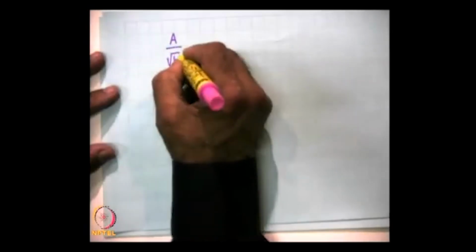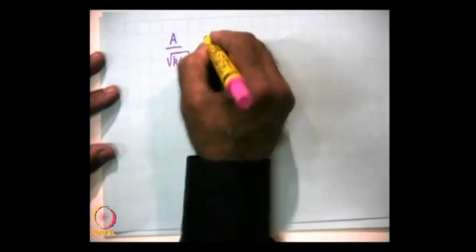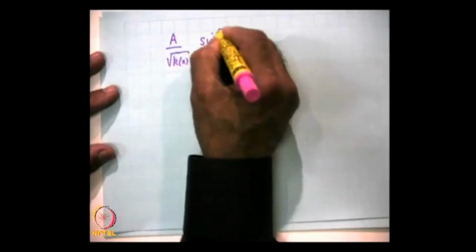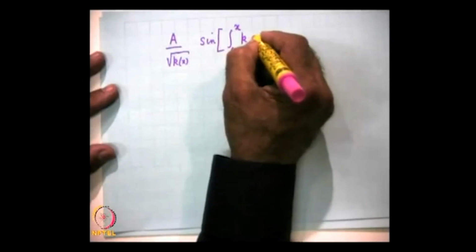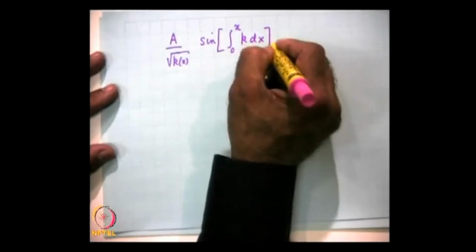Let me conclude this part by mentioning how to get the wave functions. The wave functions are A by root k of x, times say something like sine of the integral from 0 to x, in this particular case where we made the wave function go to 0.